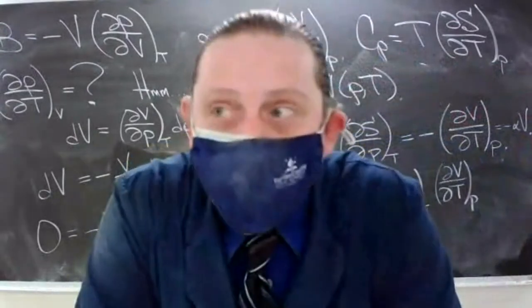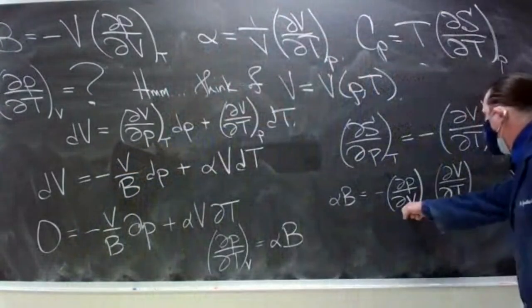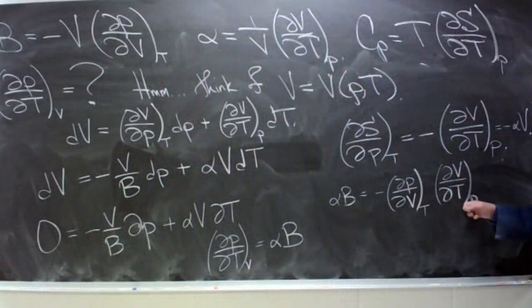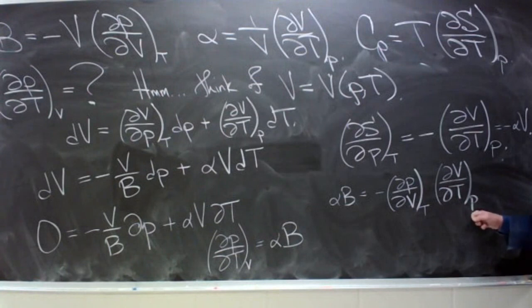Clearly, the answer is no. No, we can't do that. And that's because these changes were not taking place at constant volume. This change took place at constant temperature. This change took place at constant pressure. All right?